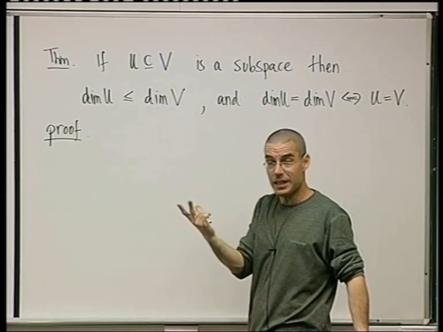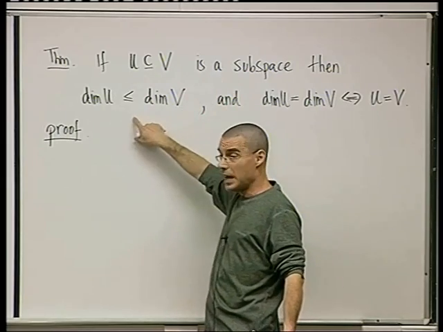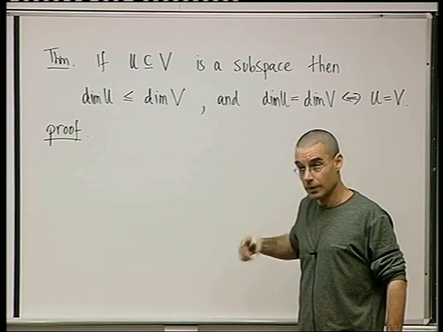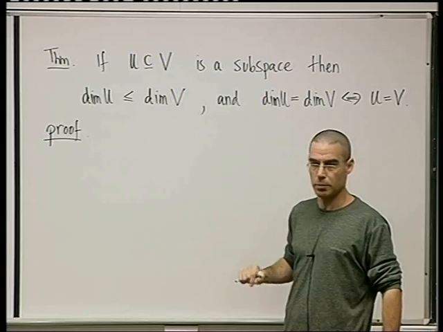And it's a spanning set. That's a contradiction. We know that the greatest number of elements in a spanning set in V is at most n, right? Do you agree that that makes sense? Okay, that's the proof. That's precisely the proof.